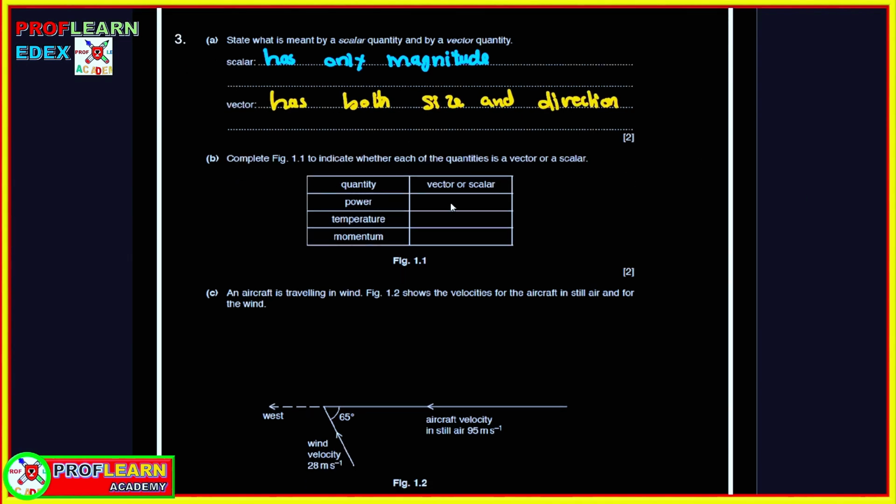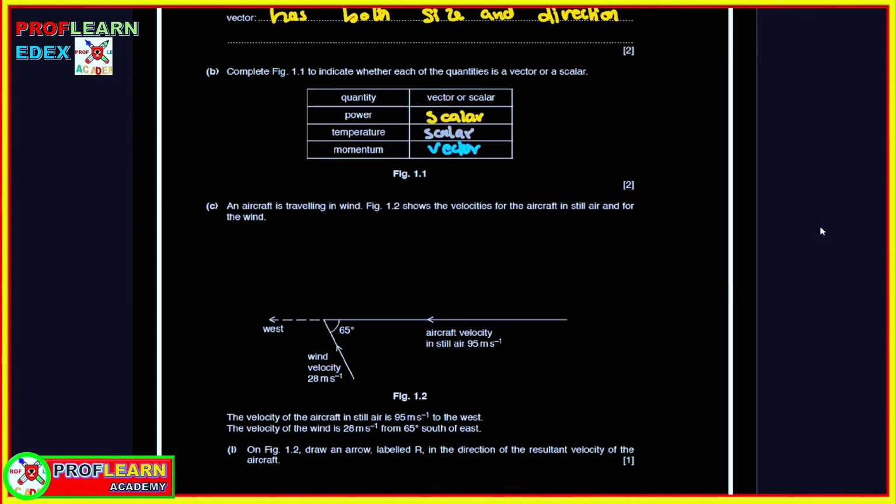Power is a scalar quantity, and temperature is a scalar quantity, while momentum has direction, so it's a vector quantity. Then you also need to understand how to answer questions to do with combining vectors.